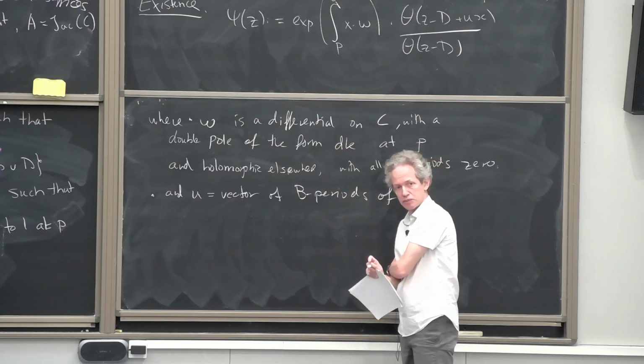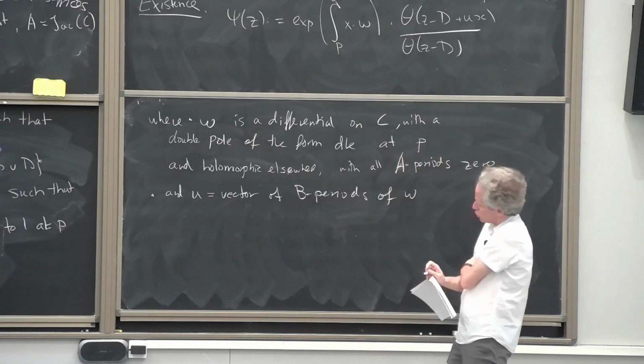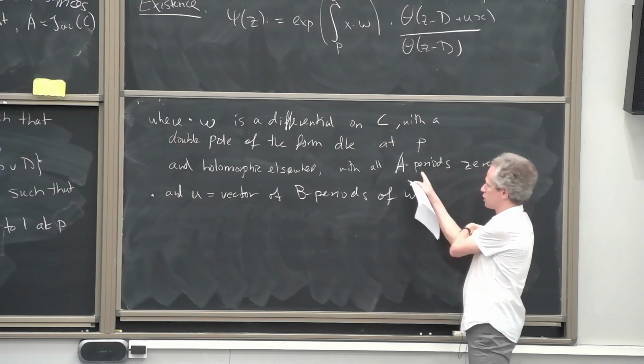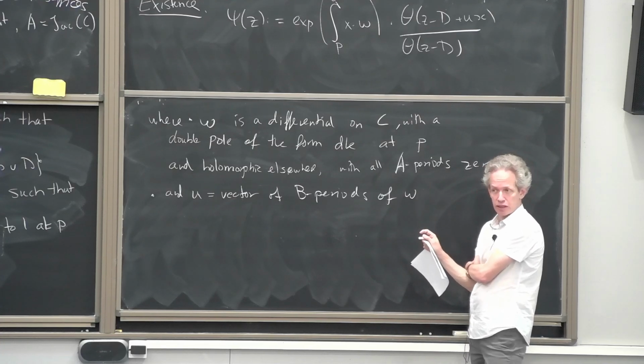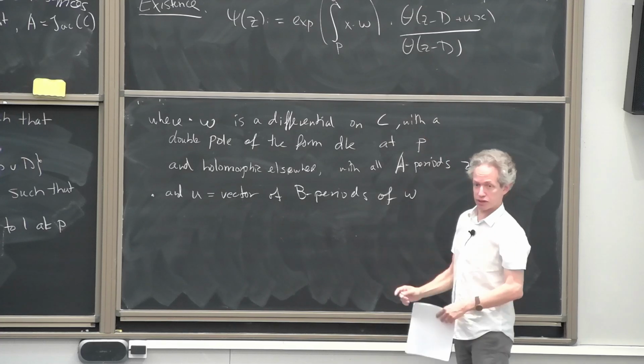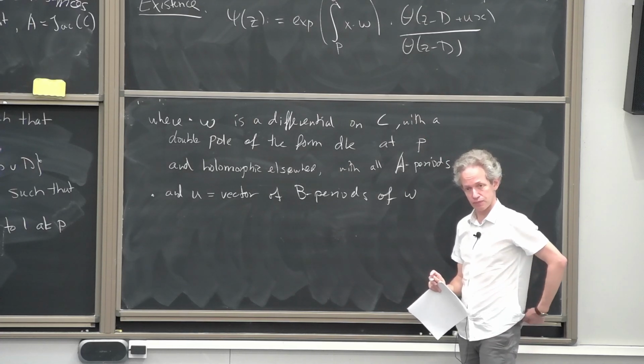That's a general statement, that if you prescribe the singular parts of a differential with no residue, then there exists a unique such meromorphic differential with all A periods 0. Okay? And then you have to unravel why I'm writing this numerator in this nice way and what it has to do with the story and so on and so forth. Okay?